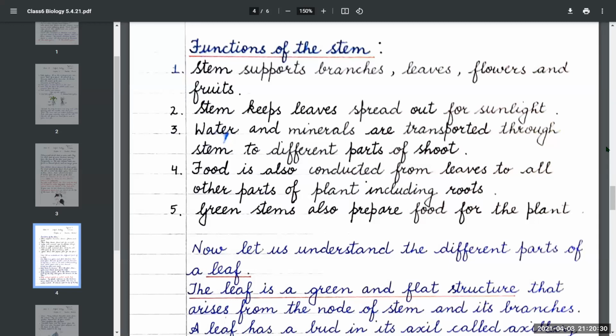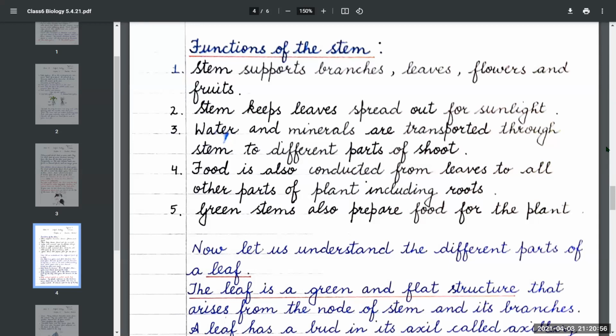Now, children, the functions of the stem. As you know, stem supports branches, leaves, flowers, and fruits. Stem keeps leaves spread out for sunlight.